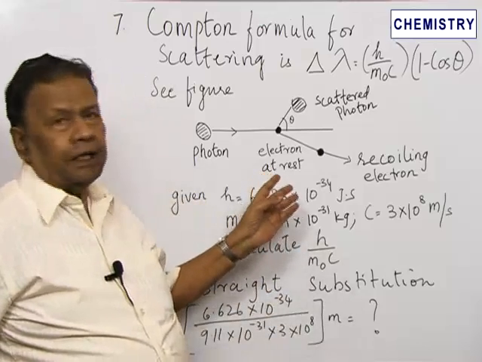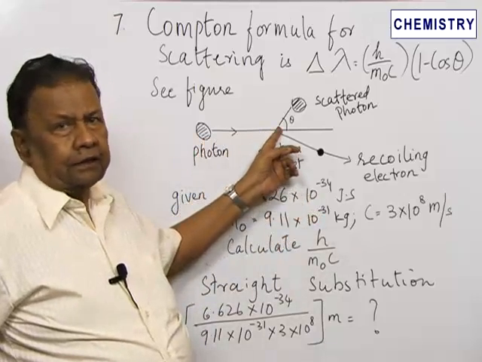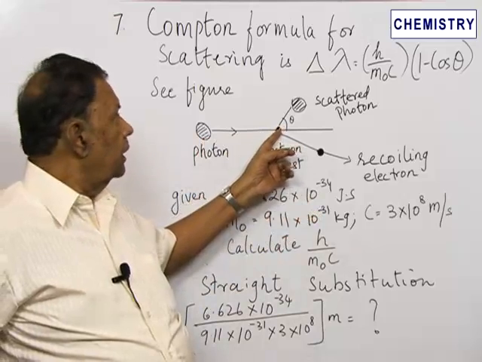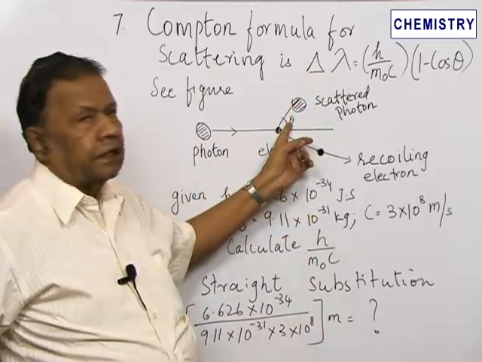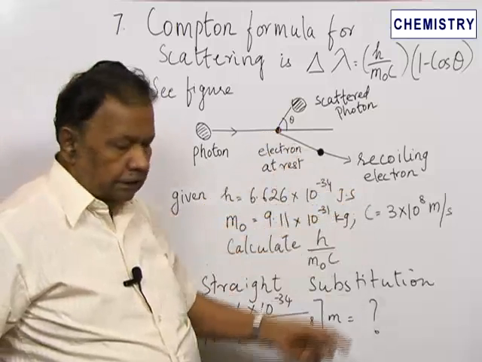Here something very similar happens. The photon strikes the electron at rest. The photon gets scattered at an angle theta. The electron recoils in another direction.